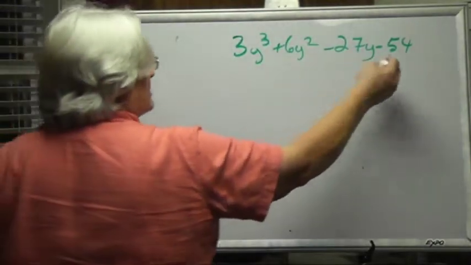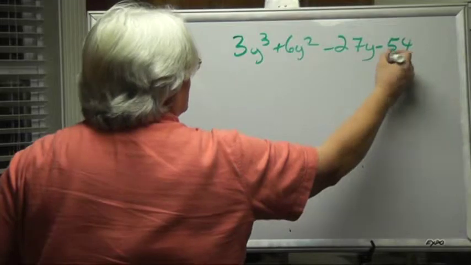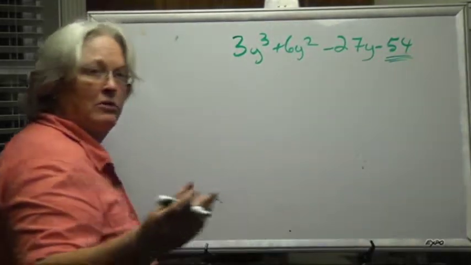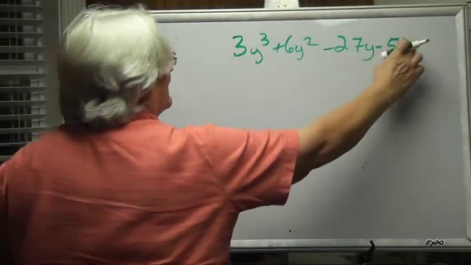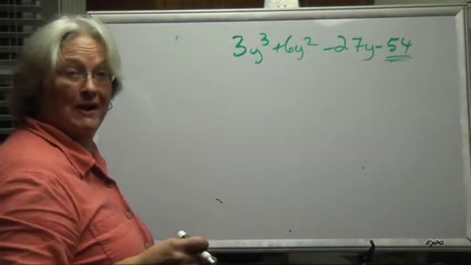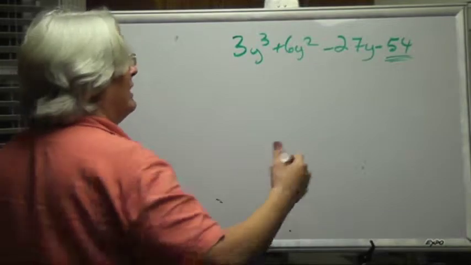And we know that 3 is also a factor of 54 because we're going to remember our little cheat. How do I tell if a number is divisible by 3?